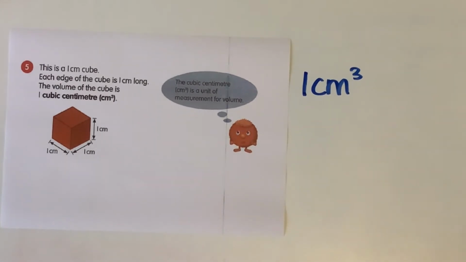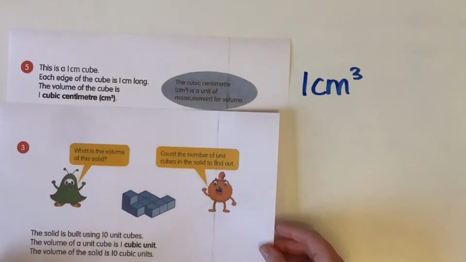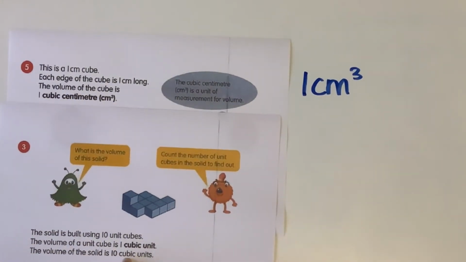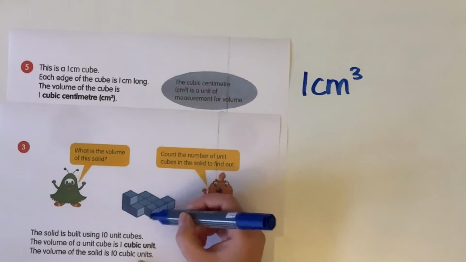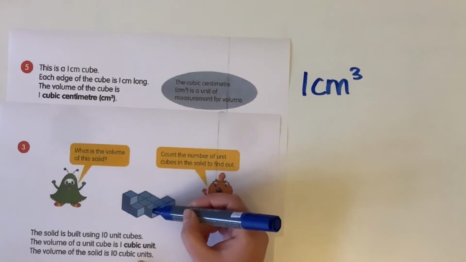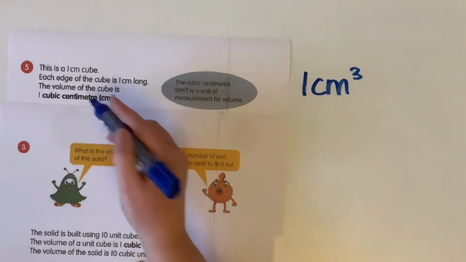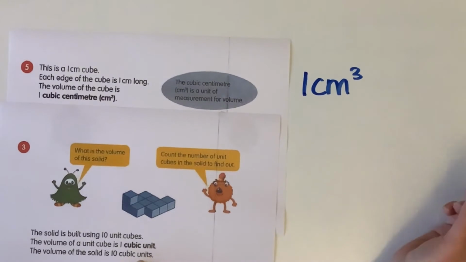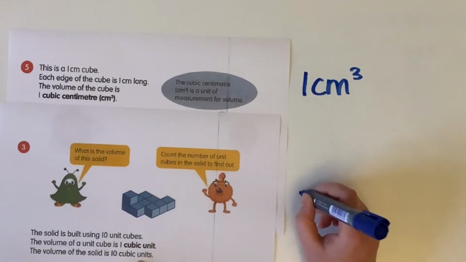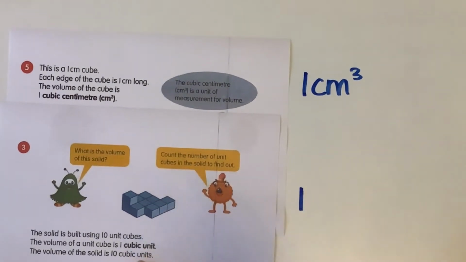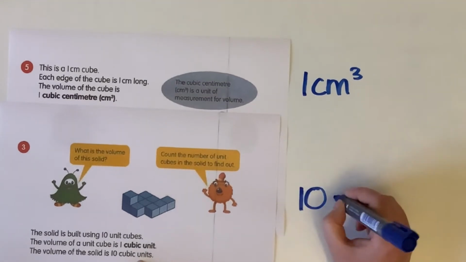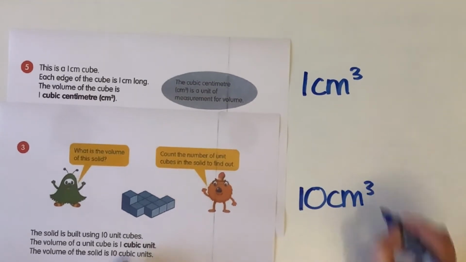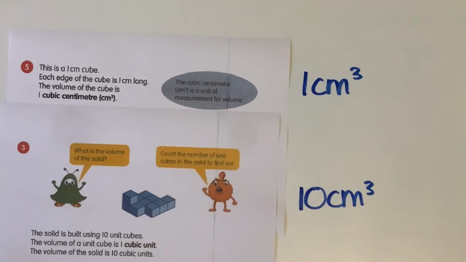So with question 3, where we said the volume of this solid is 10 cubic units, if each of these unit cubes measured 1 centimetre, the volume of this, because there are 10 cubic units, would be 10 centimetres cubed, like this.